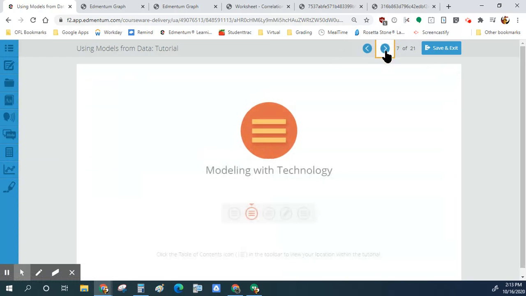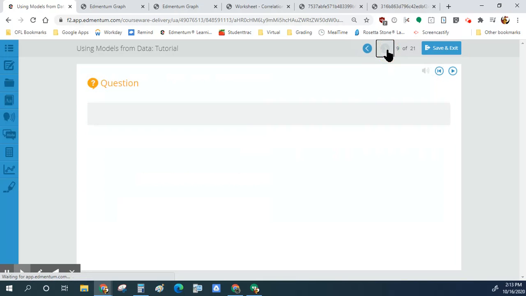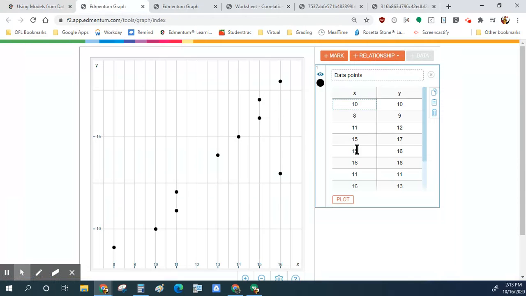So let's kind of go into modeling it with technology. So technology makes it very easy for us to be able to graph this. And we're going to show this using the tools. I can actually show you right now. So let's say I wanted to do this data.